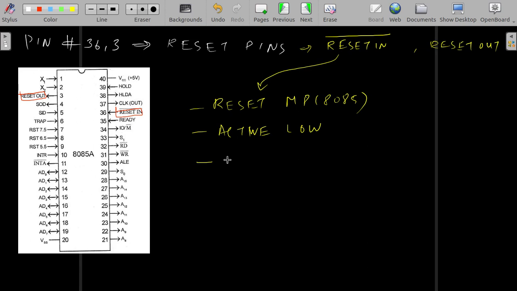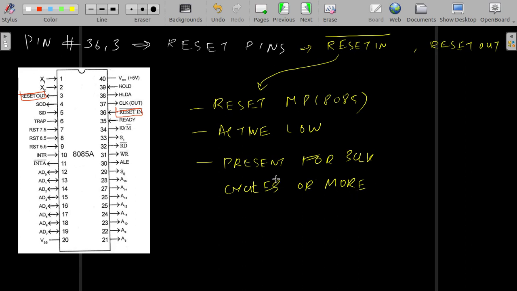The other thing is that this reset in signal, whatever low signal you are giving, should be present for 3 clock cycles or more.